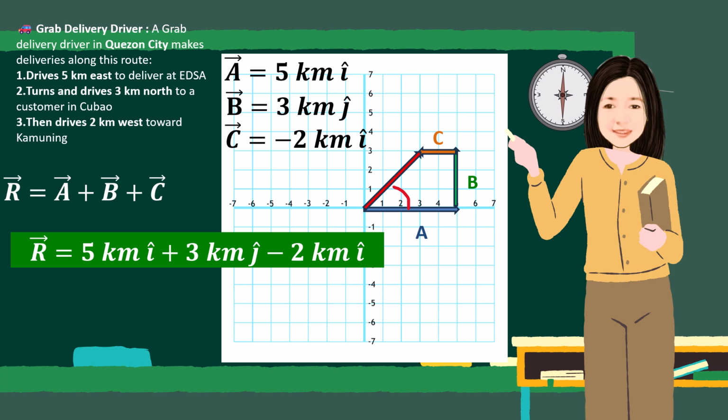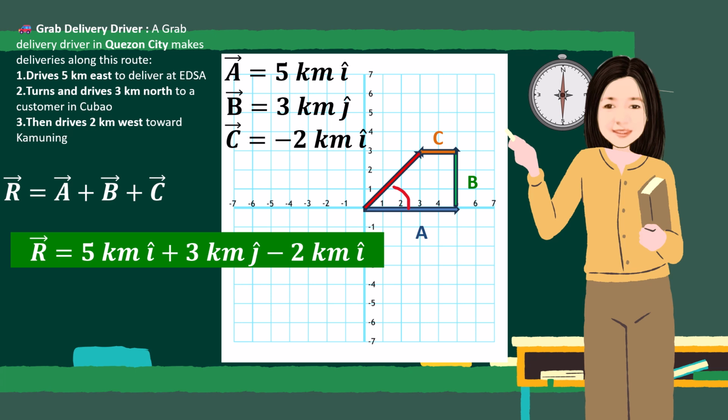So when we add this, we add all the quantities with the same unit vector. So we have here 5 kilometers i hat plus negative 2 kilometers i hat. So we will be obtaining 3 kilometers i hat.